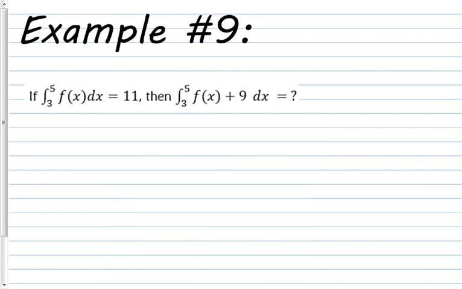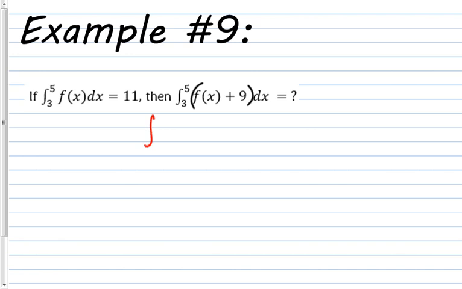Example 9. If the integral from 3 to 5 of f of x dx equals 11, then the integral from 3 to 5 of f of x plus 9 dx equals... Okay. This probably should have had some parentheses there. So, what they're telling me is... well, first of all, let me split this up.